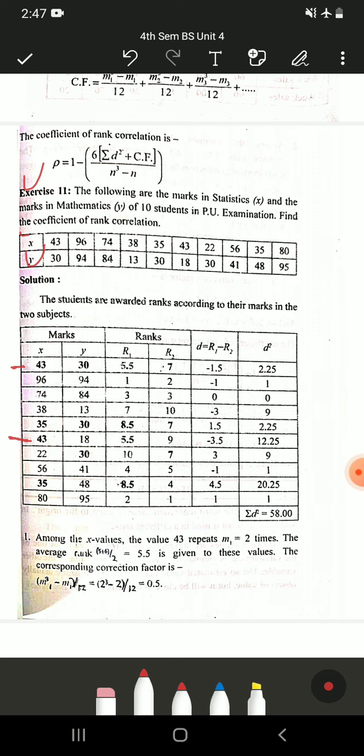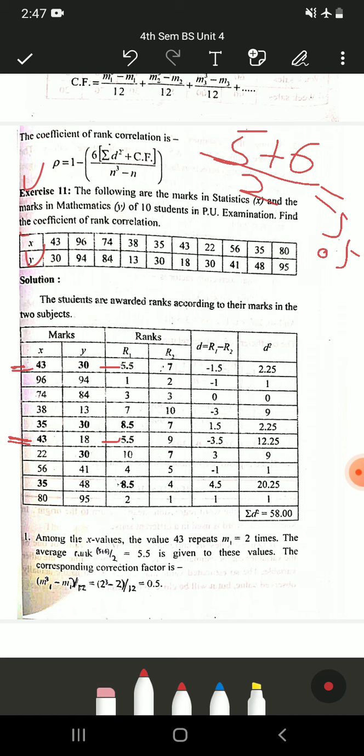So we are taking the average of those 2 values, that is 5 plus 6 divided by 2, that is 11 divided by 2, which is 5.5. So for this 43 we are assigning 5.5, and for the other 43 also we are assigning 5.5. So this is a tie case.